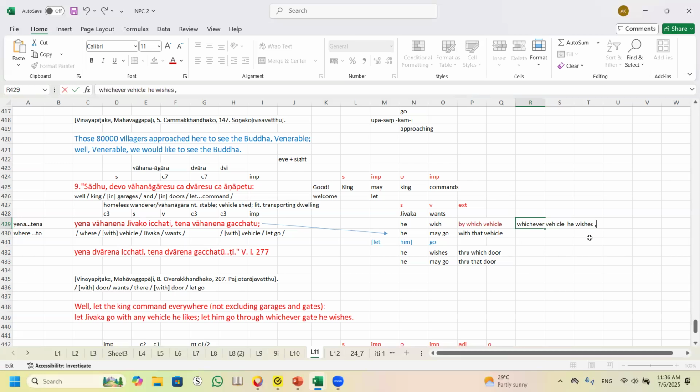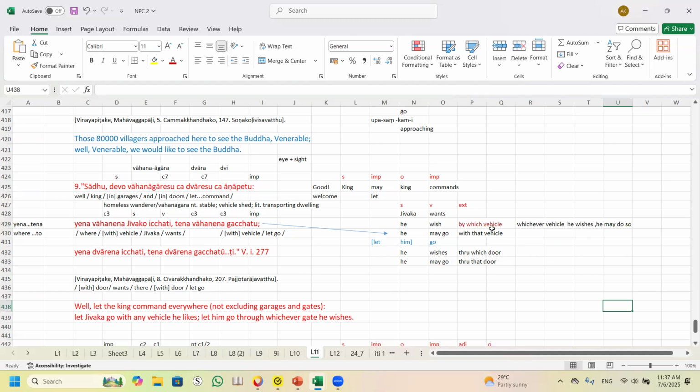I try to rephrase these two lines in one line. Whichever vehicle he wish he may. I think it's good enough. Whichever vehicle he wish he may do so. So this is a combination of two into one. Same for this: whichever door he wishes, he may do so.